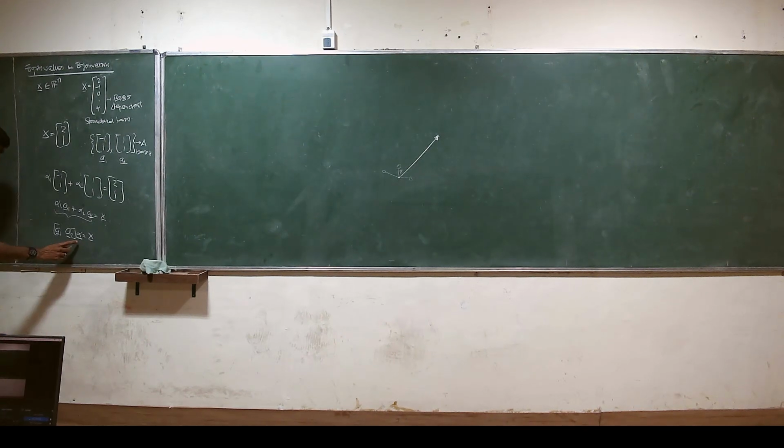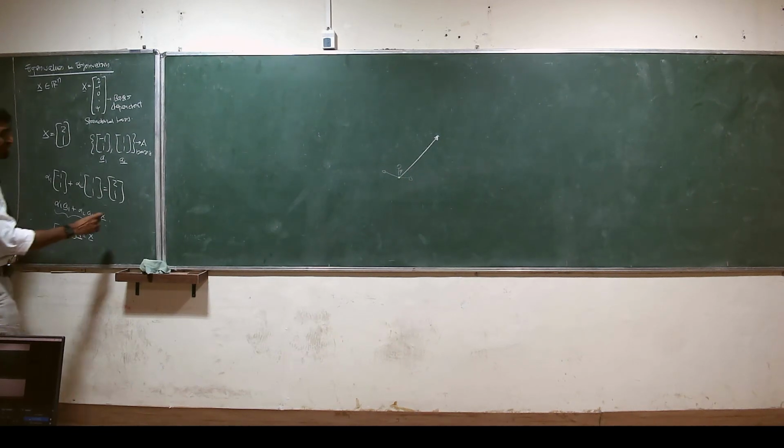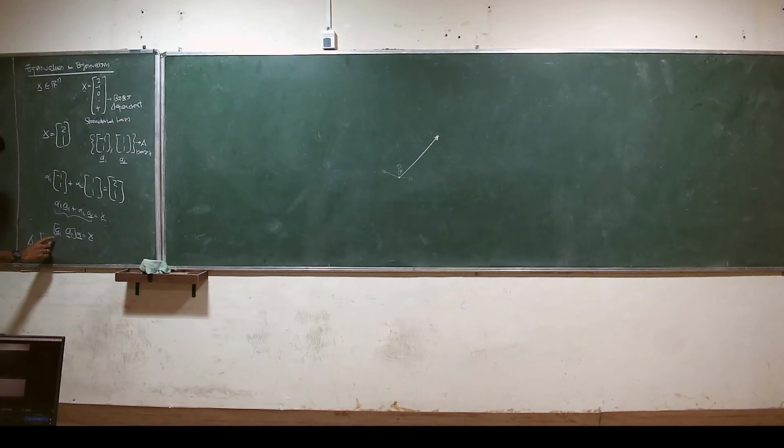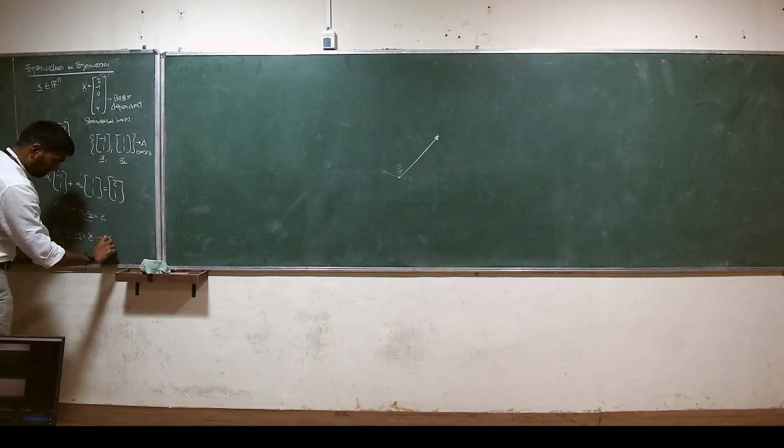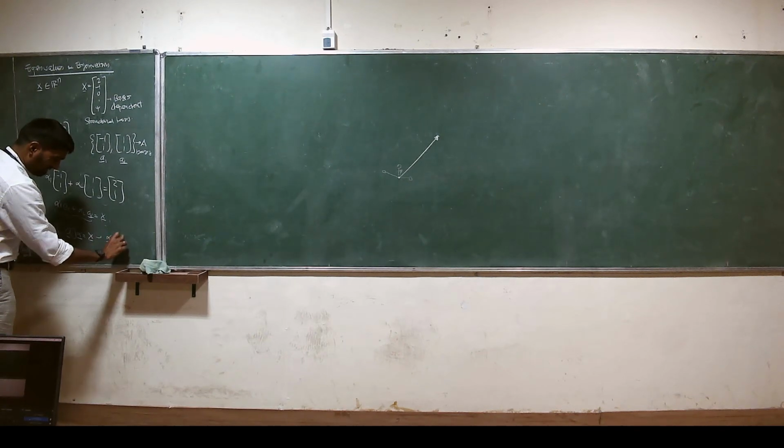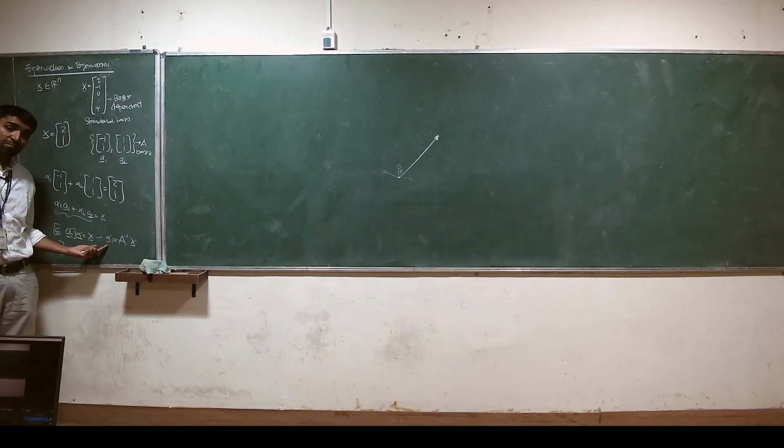So in fact, if I want to find the representation of vector x in the A basis, all I have to do is first form this matrix A whose columns contain the basis vectors. And then if I take the inverse of this and multiply it by x, then I will get my alpha, the representation of x in the A basis.